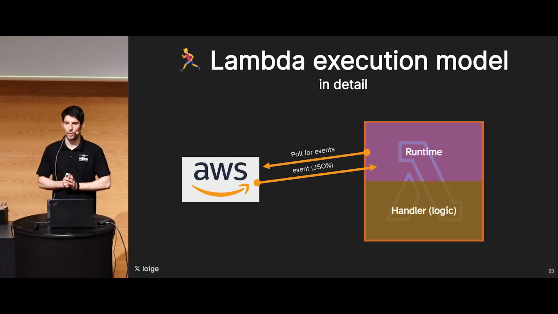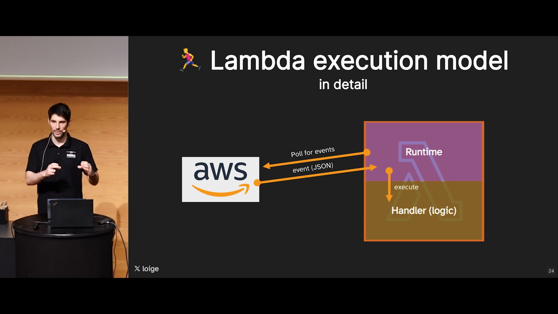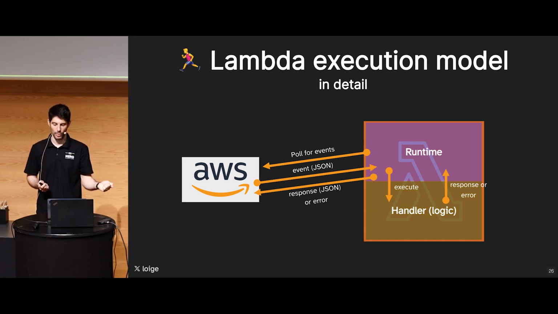At this point, the runtime doesn't have any business logic. So it's going to delegate doing something useful to the handler. This is the code that we write with our business logic. So this is where interesting stuff is happening. Eventually, there will be a response or an error, which is sent back to the runtime so that the runtime can propagate it back to AWS. Why does it need to be propagated back?